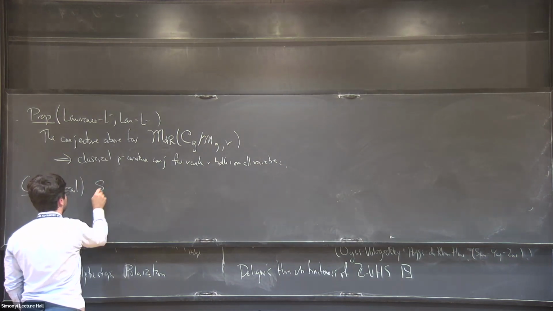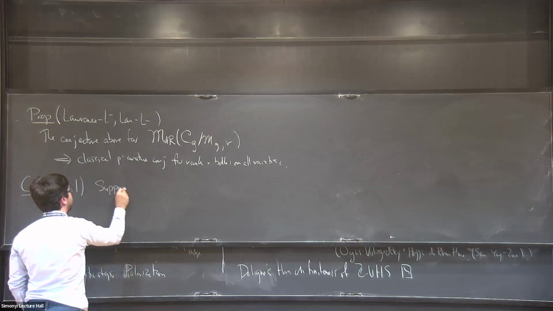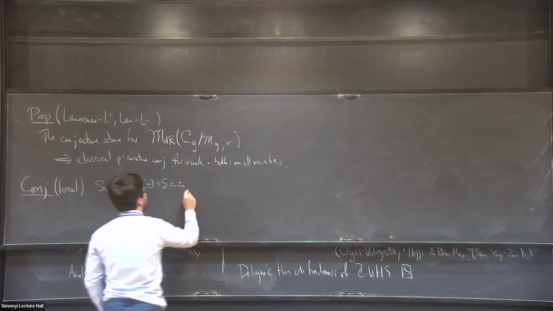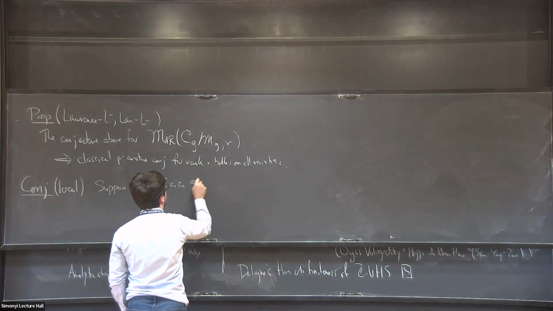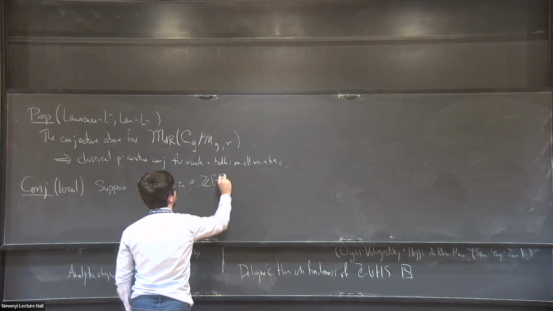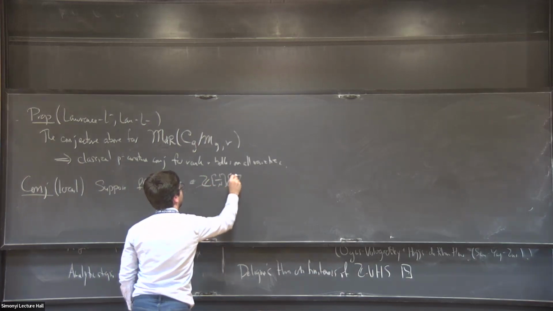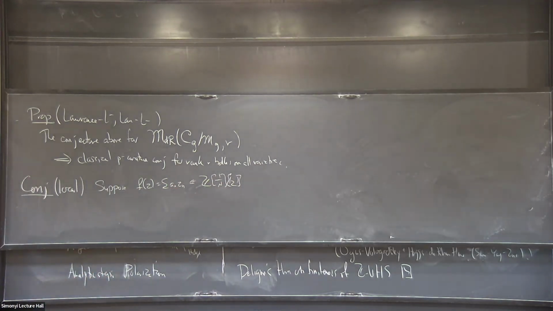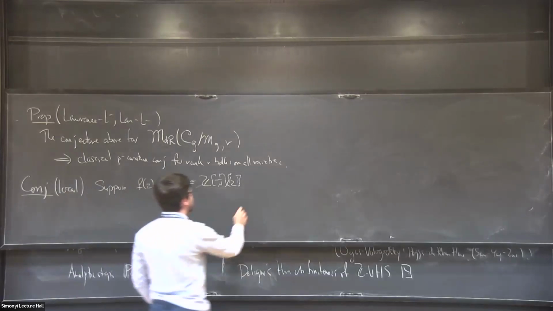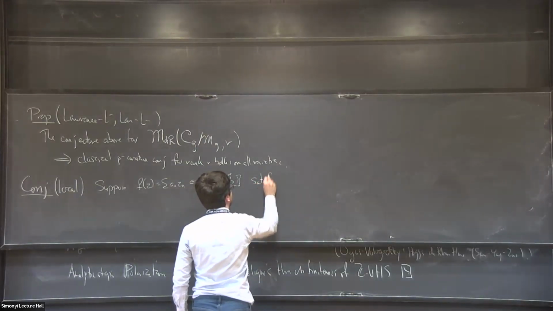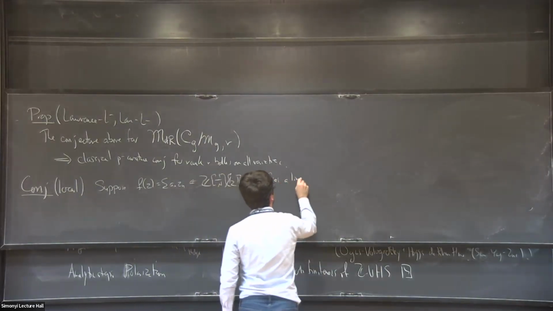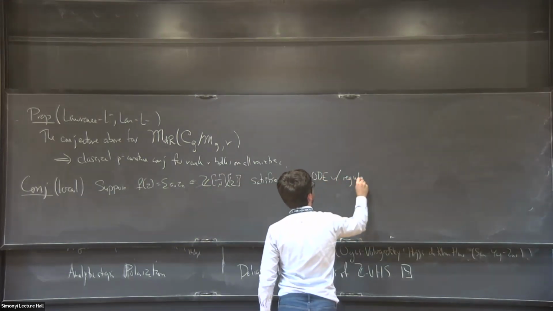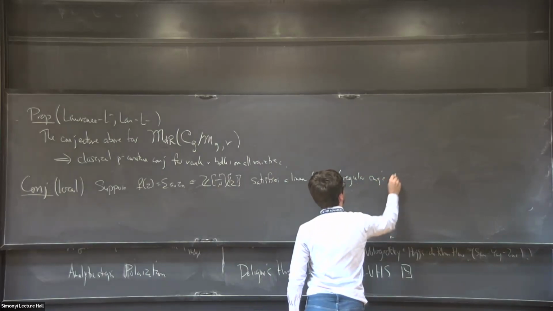Suppose f of z is a power series with integer coefficients, in the setting of the conjecture, so there are only finitely many primes dividing the denominators, and suppose this satisfies a linear ODE with regular singularities at 0.